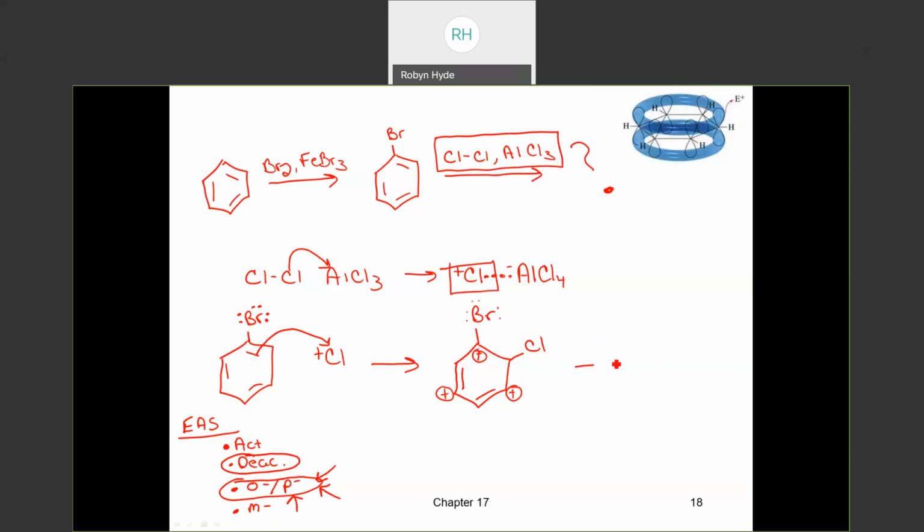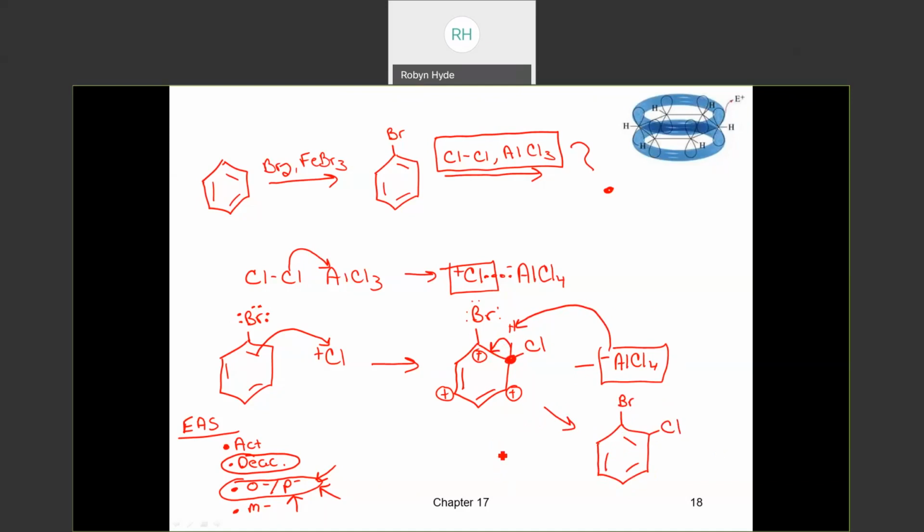And then the next step, it's going to be this minus AlCl4 that comes in, removes the proton from the carbon with the electrophile. Those electrons go in, and then we would have a benzene ring that has both bromine and chlorine attached.